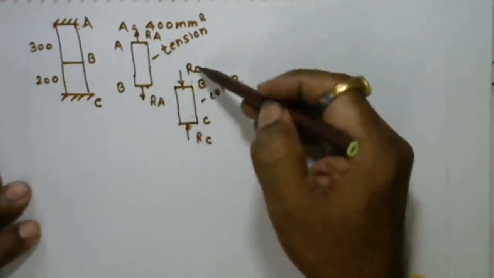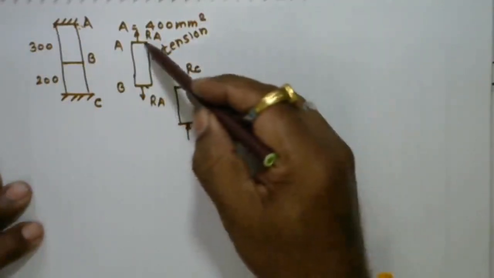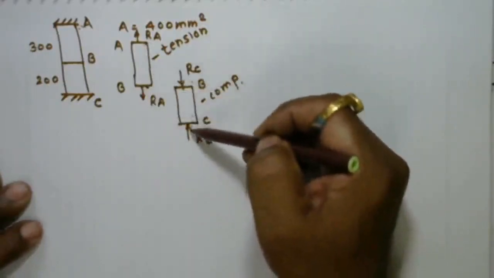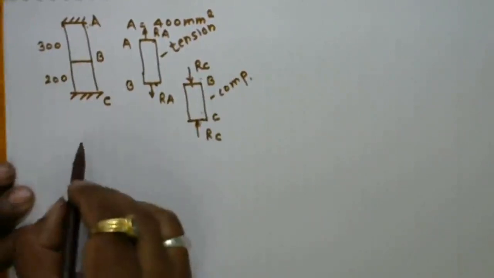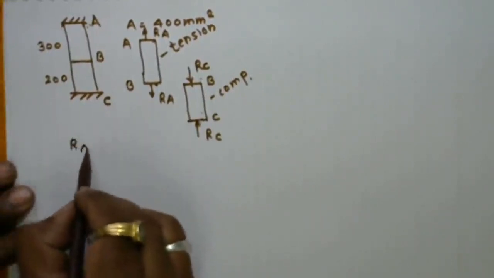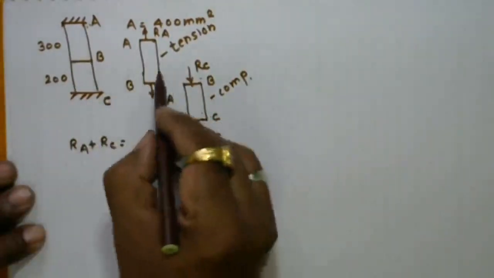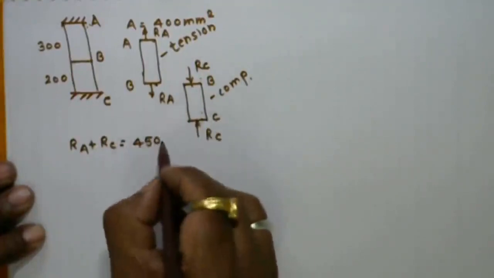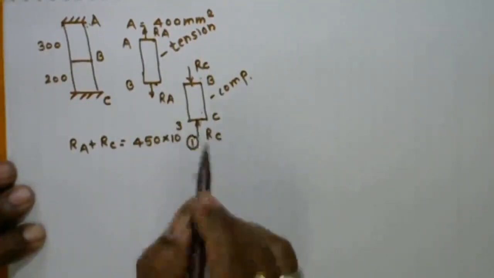So the sum of both reactions is equal to the axial force. We may put the relation here. First, RA plus RC is equal to 450 kilonewton, so 450 into 10 raised to power 3, say equation number 1.